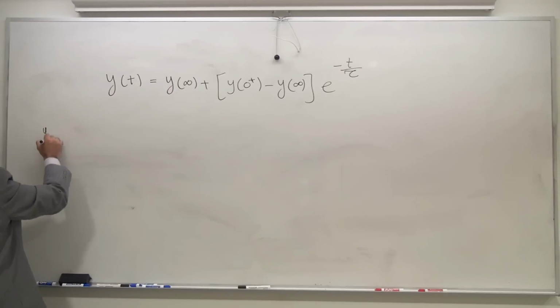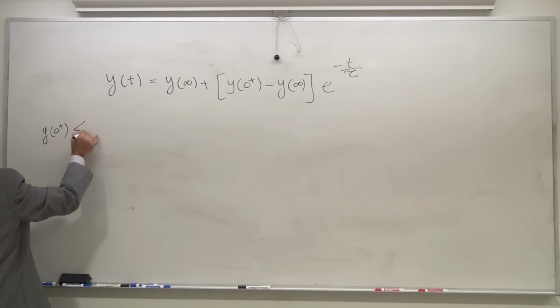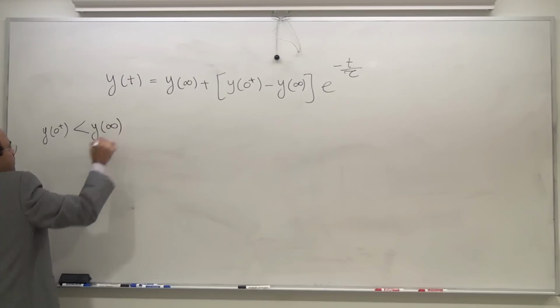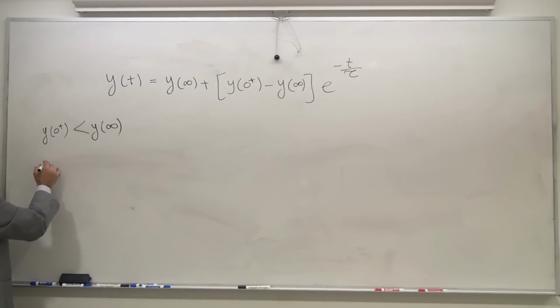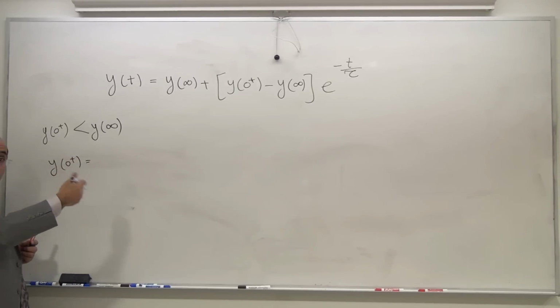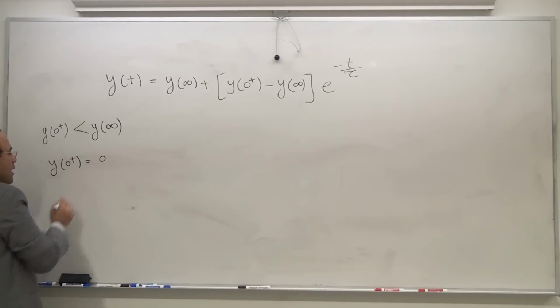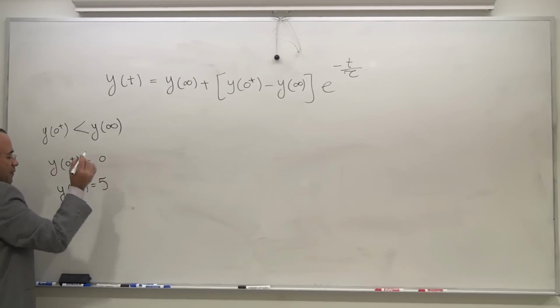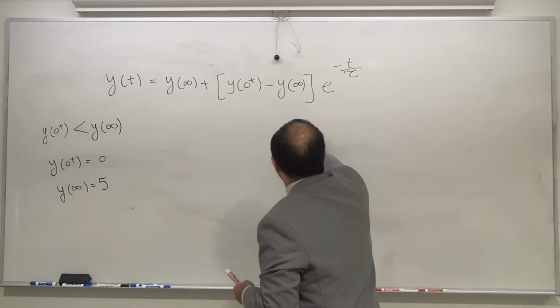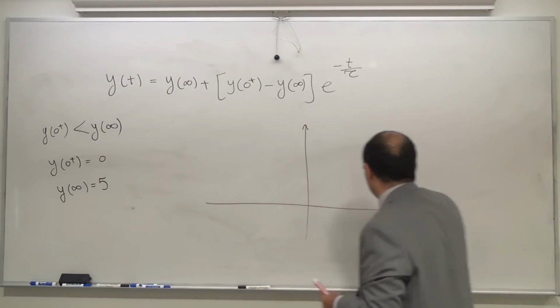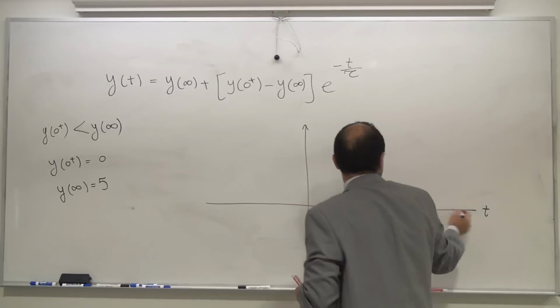Let's assume that y of 0 plus is less than y of infinity. I'm just making a special case so that we know what we are talking about: y of 0 plus is 0, and let's say that y of infinity is going to be 5. Just for the sake of it. What is this? This is a function, that's t.